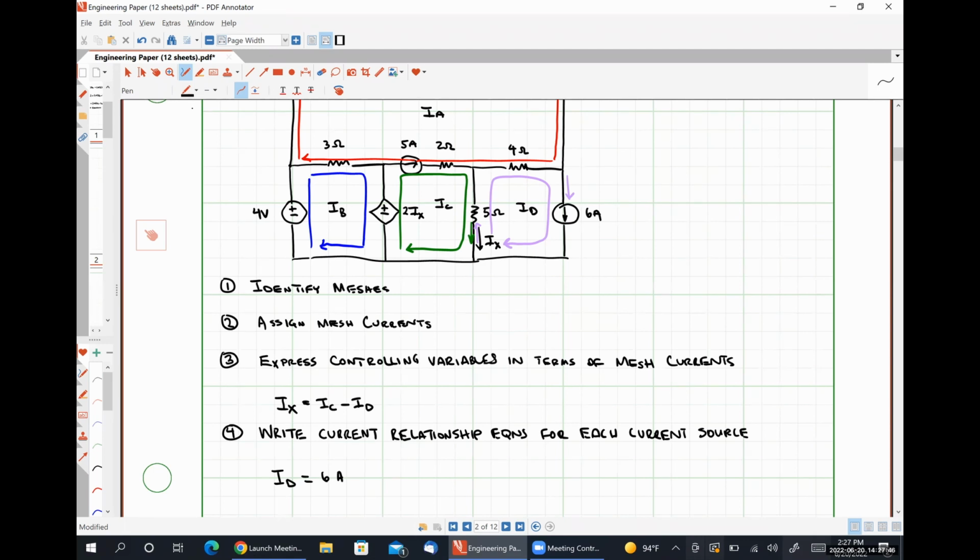Whenever we have an interior current source like the 5 amp source, there are going to be 2 mesh currents that flow through it because the branch containing the 5 amp source is shared between meshes A and C. We should see that we're going to express our 5 amps in terms of mesh current IA and mesh current IC.